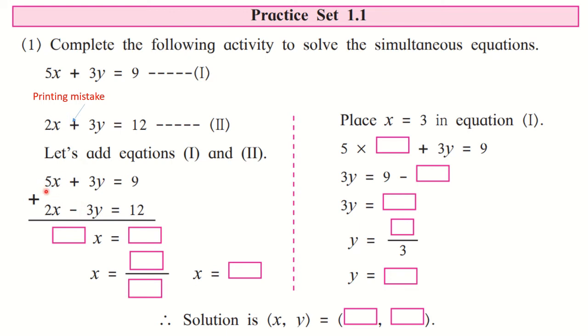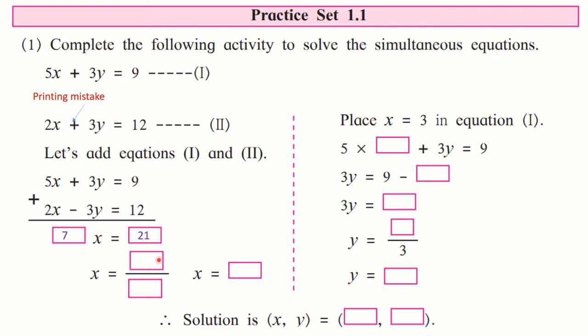So here 5x plus 2x, 5 plus 2, you are going to get 7x. X is already given. So inside the box you need to write down only the addition of 5 and 2, that is 7. And here 9 plus 12 is 21. And therefore x is equal to 21 divided by 7.